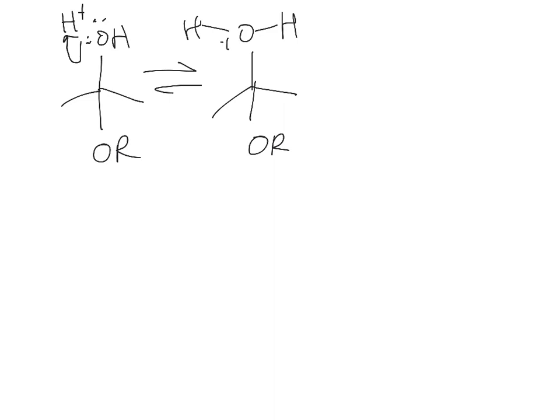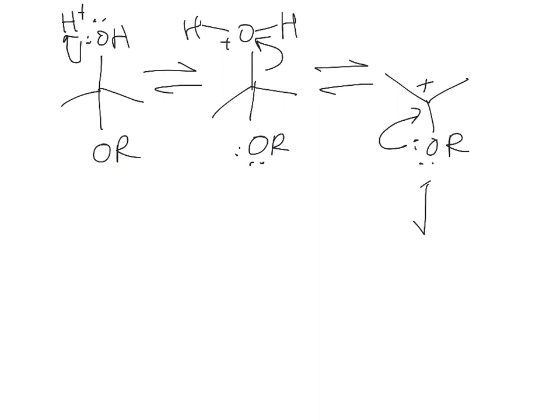Your water leaves, and now you are left with the carbocation. These electrons come down here and form a double bond. Right? So this is a resonance structure for us. Possible resonance structures. So that was our third step, was elimination of water.